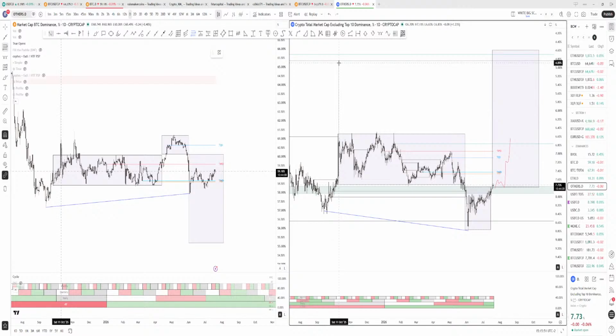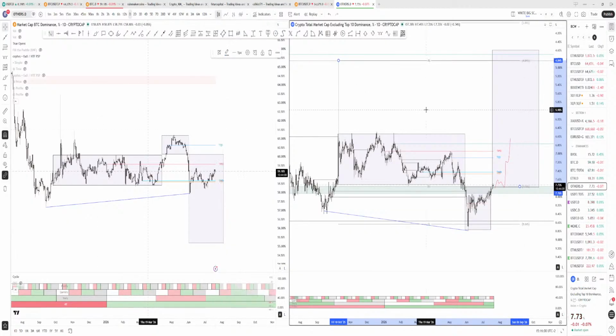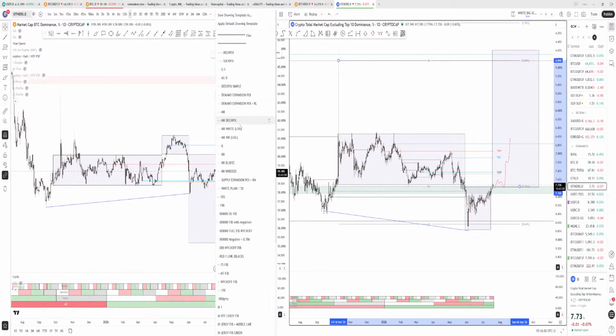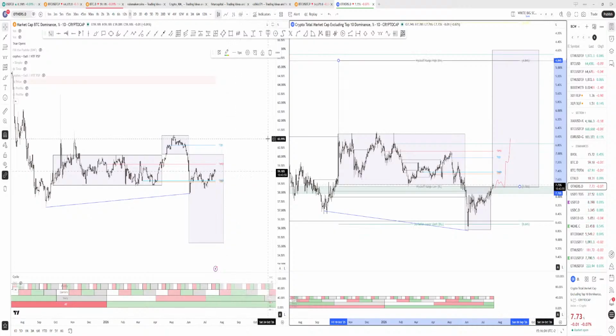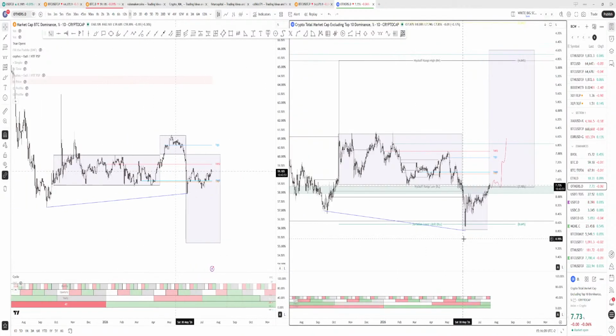We can try to do this chart, this tool. Now use this extension. So this was a lower deviation.